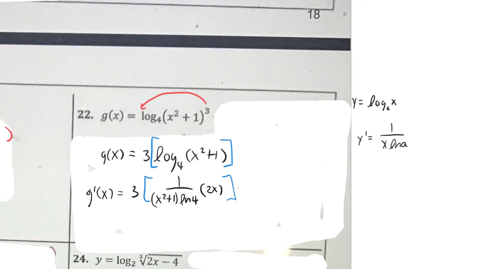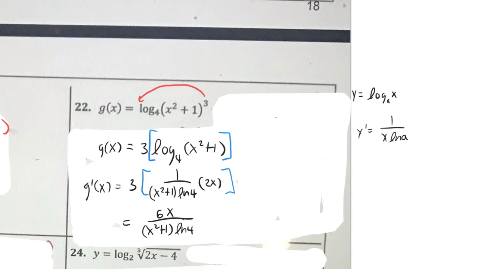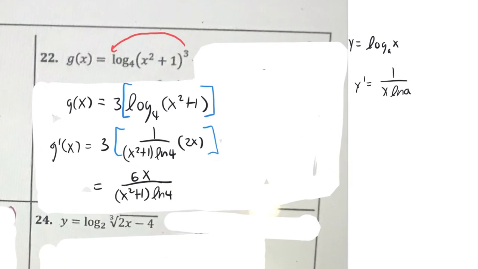So that's going to be that. And if we were to make it look nice at the end, we would have a 6x on top all over x squared plus 1 times ln of 4 down below. Okay, so that's the answer that I would offer.